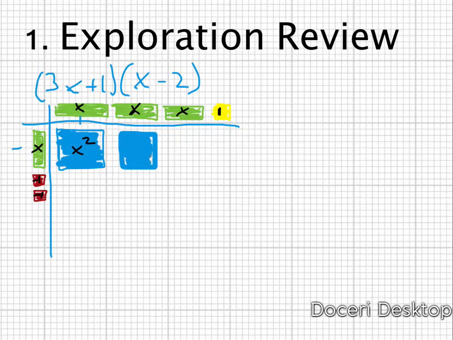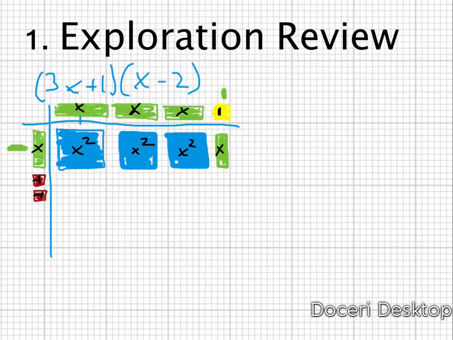X times x gives me another x squared and another x squared. Then I have x times 1, so that is a 1x. So I just have a positive x here.